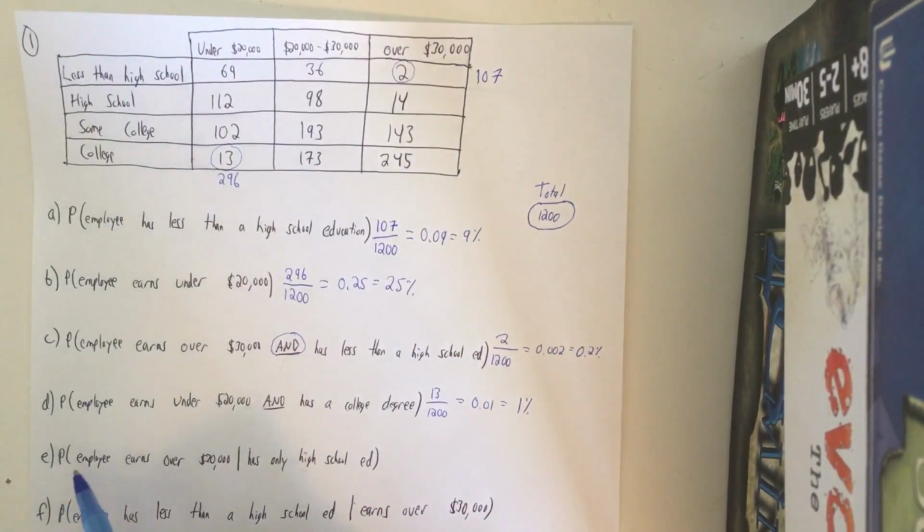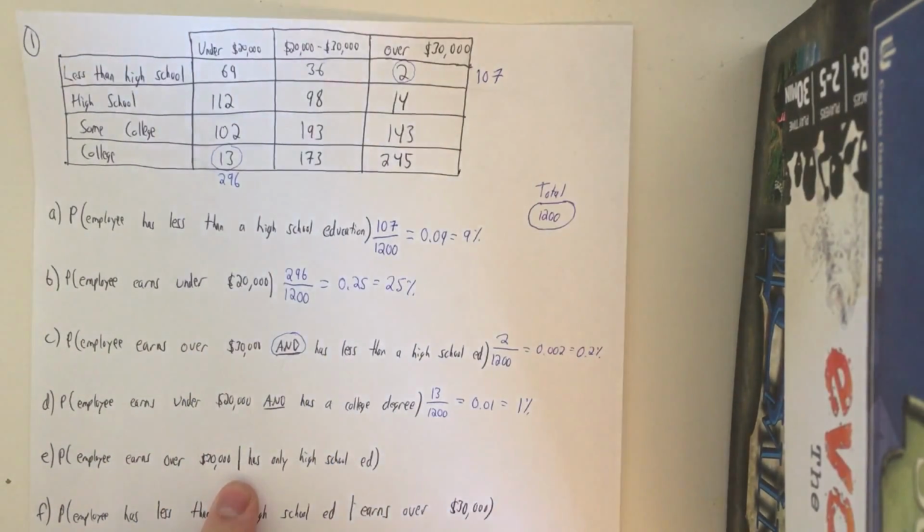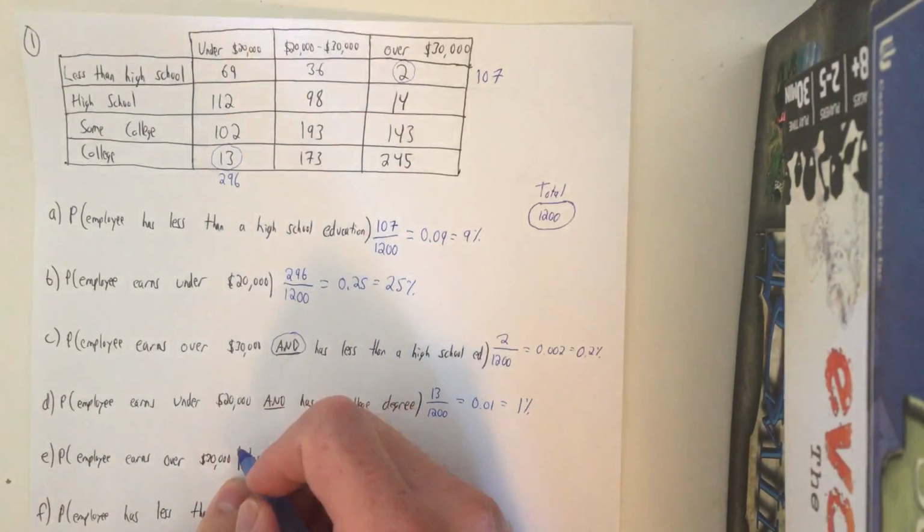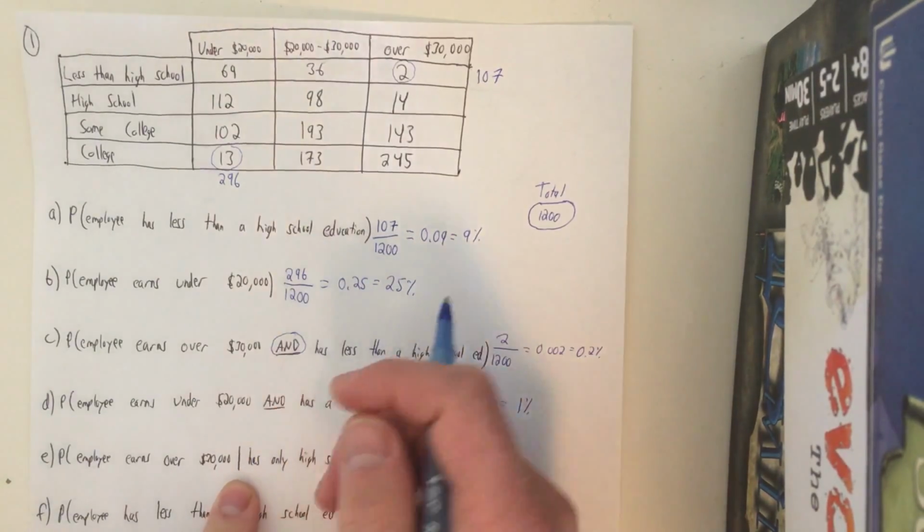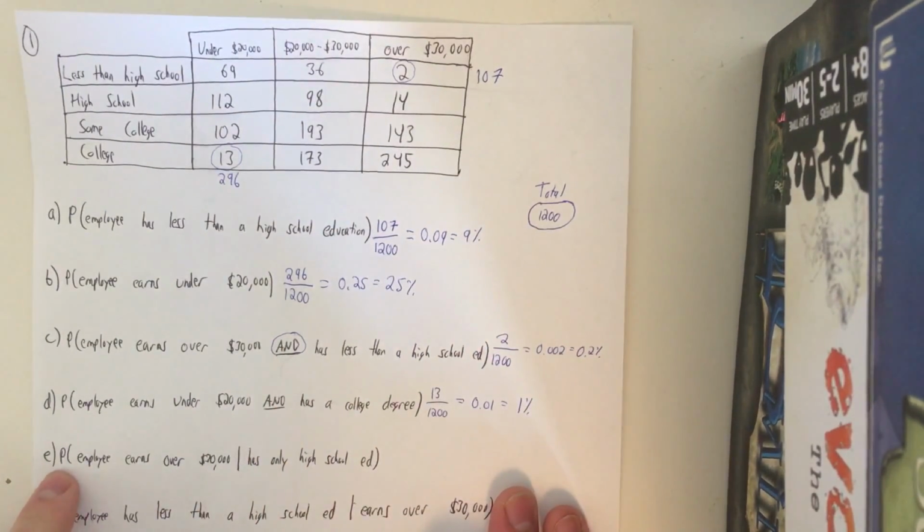Part E is asking us something that is completely new to us, this conditional probability. The way that we read this when it has this little line here is that it means given that. So we have the probability that an employee earns over $30,000 given that he or she only has a high school education.